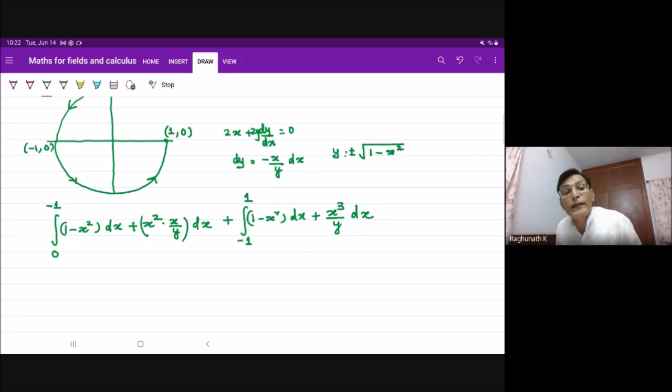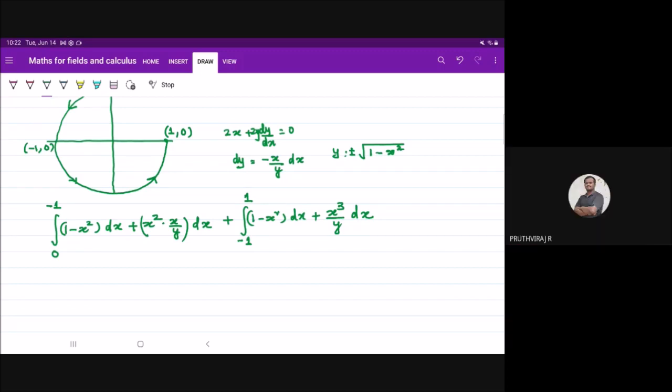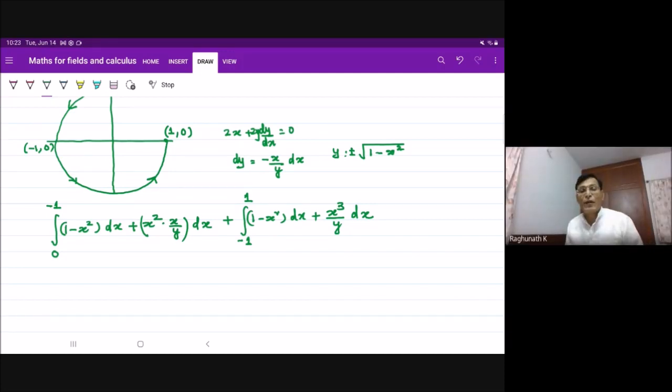As long as we are in the first and second quadrants, y is plus root of 1 minus x squared. In the third and fourth quadrants, y is minus. That is the beauty. You should be very careful when you are writing y as a square root function. In the given problem, you have to see whether that particular value is positive or negative. Whenever a root comes, we know very well that the circle essentially extends above and below, left and right.